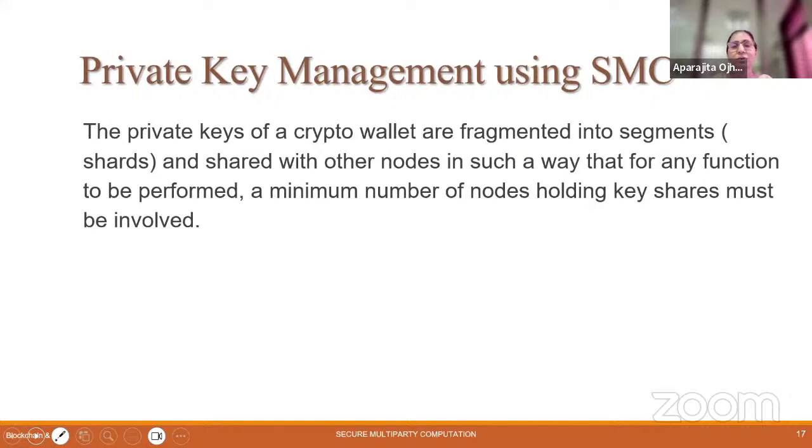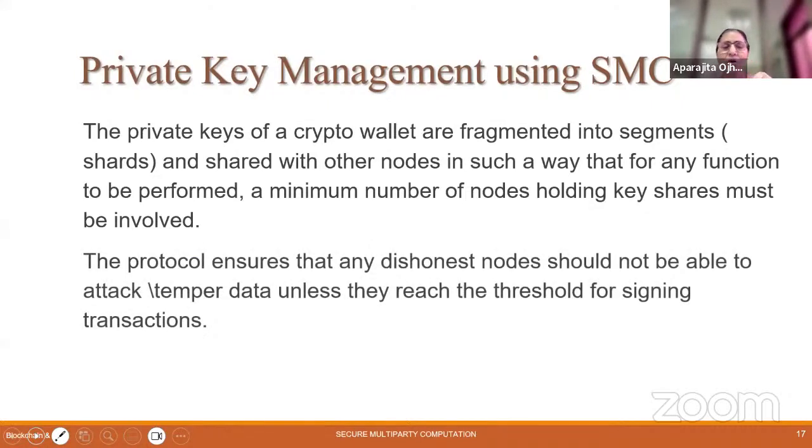A threshold signature scheme is again a centralized way, because there all are combined together, and finally they're used to verify your signature. But here the protocol ensures that any dishonest node should not be able to attack or tamper data unless they reach the threshold for signing a transaction.